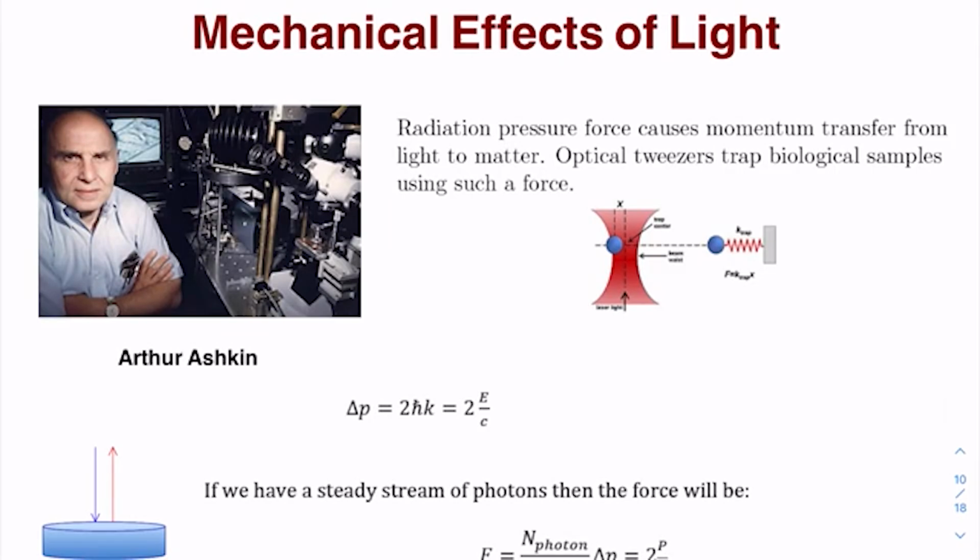In fact, radiation pressure force is behind the most well-known optical tool called optical tweezer, frequently used by biologists. Arthur Ashkin of Bell Labs contributed significantly towards understanding of the radiation pressure force, for which he eventually got the Nobel Prize also.